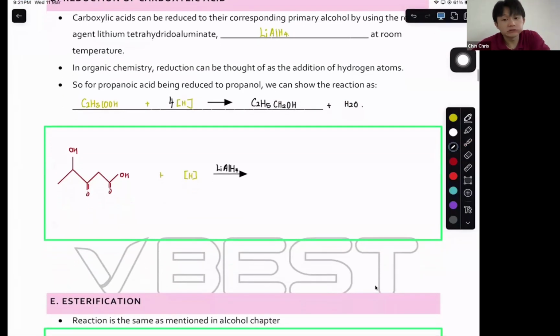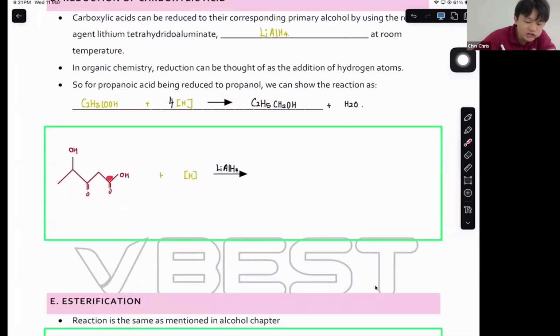Alright guys, next. We have a C double bond O, OH. Oxidized state is going to turn to this one, gone. Basically, you are adding 2 hydrogen here, and this one also you add another 2 hydrogen. So in total, you are adding 4 hydrogen.